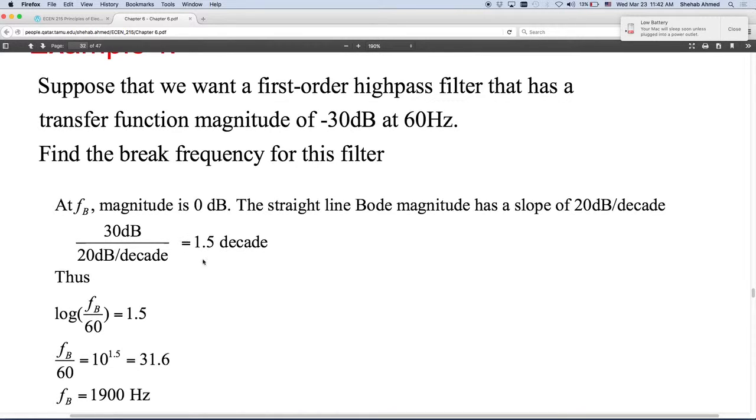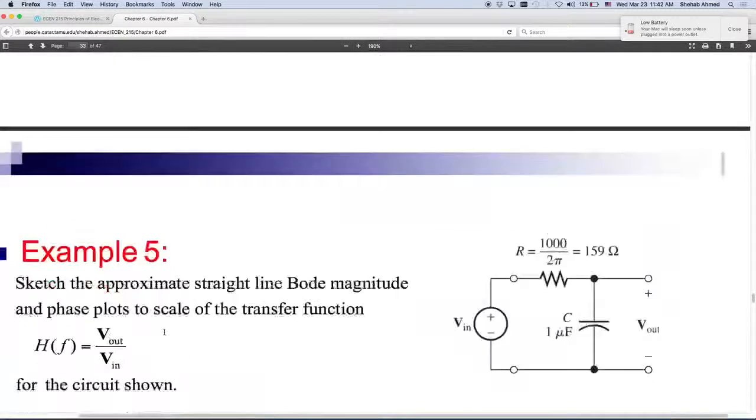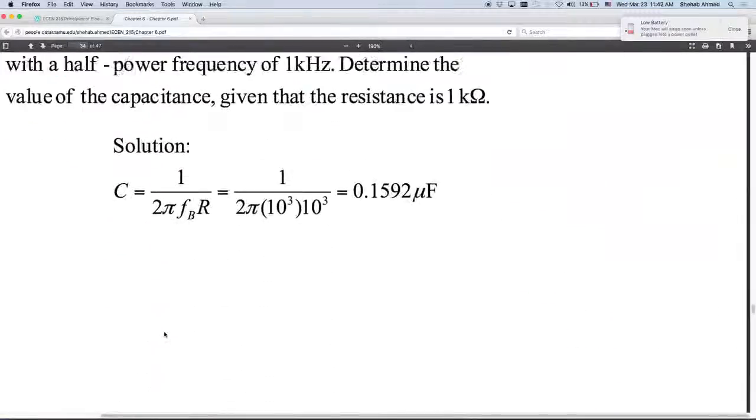So I calculated the difference to be 1.5 decades. I substituted in that equation, and I was able to calculate fb, which of course is in hertz. So your break frequency for this filter is 1900 hertz. Starting from there, you can select the specific R and C for this filter. So we'll continue the rest of the examples next class.